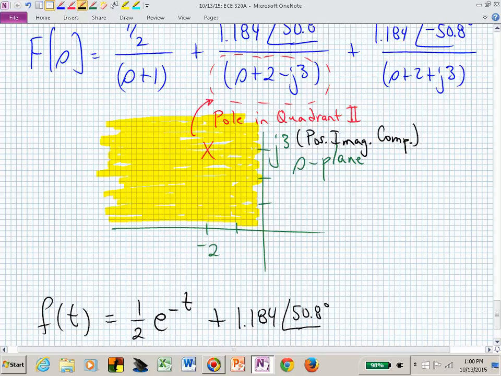And what's it going to scale? It's going to be e raised to some s, and that s is minus 2 plus j3 times t. Isn't that exactly what we did in the previous inverse Laplace? We took 1/2, the coefficient, e to the s, which is minus 1, times t.